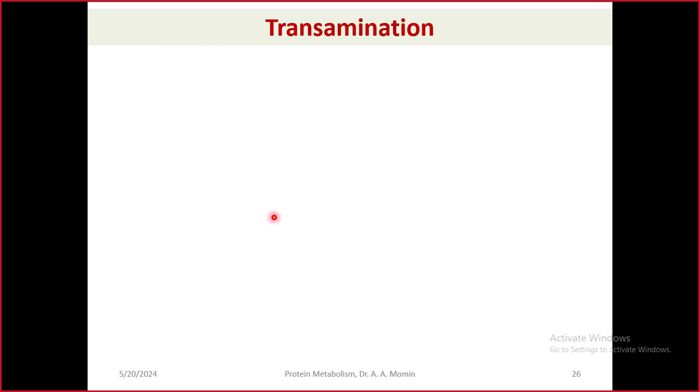Any amino acid, when it undergoes catabolism, goes through some common reactions. That includes transamination followed by deamination and the urea cycle. So these are the three common reactions every amino acid undergoes.